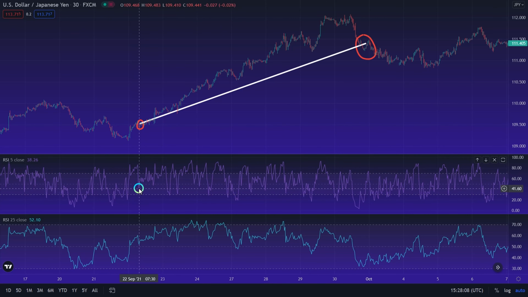As you see here, we are at 41, and somewhere here we crossed above the 46 value, so we took this trade, and it turned out to be a really good one.